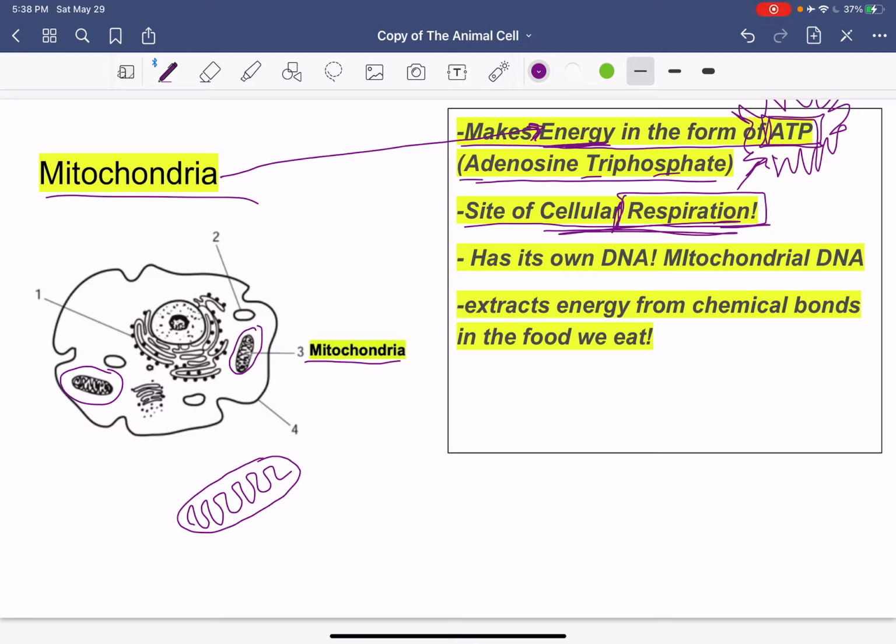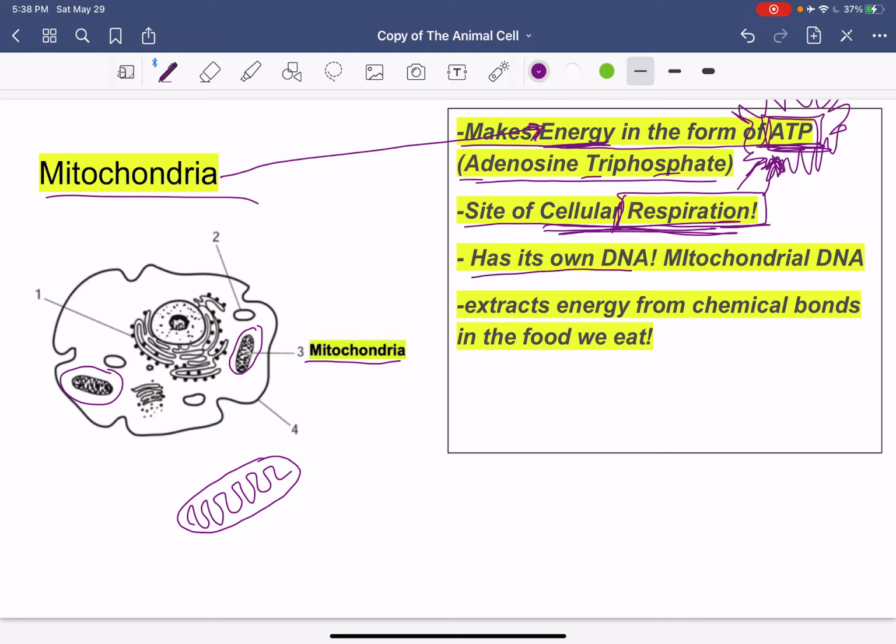So respiration can mean when you're breathing, but I don't want you to confuse just you breathing and cellular respiration, which is the process of your cells making ATP. Do not confuse it. Cellular respiration is when your cells are making ATP energy.